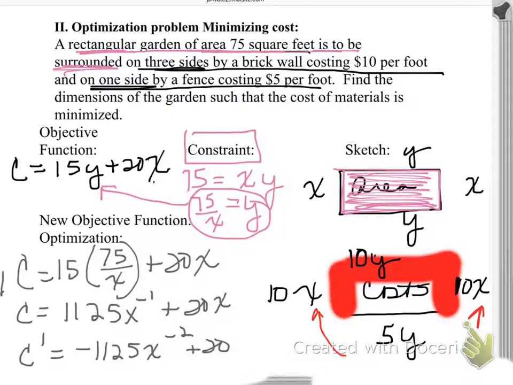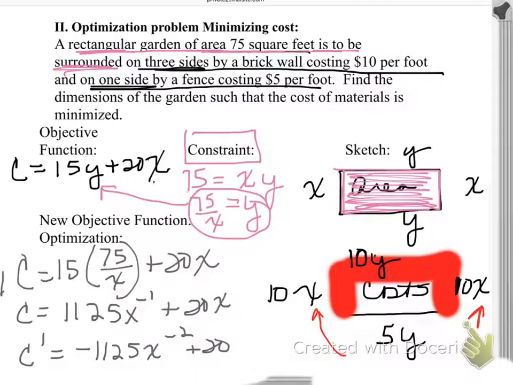So always, always, always go back and figure out what questions they're asking and make sure that you have indeed answered it. They also could have asked you how much the fence cost, how much the brick cost. There are a lot of questions that you could have easily been asked, so make sure that your work completes the problem, whatever it might have been.